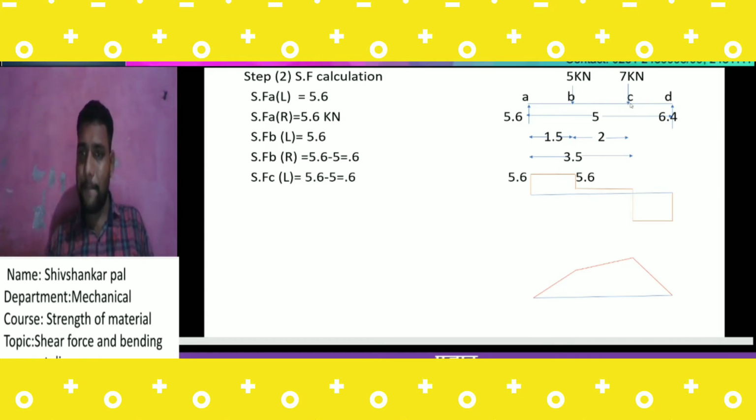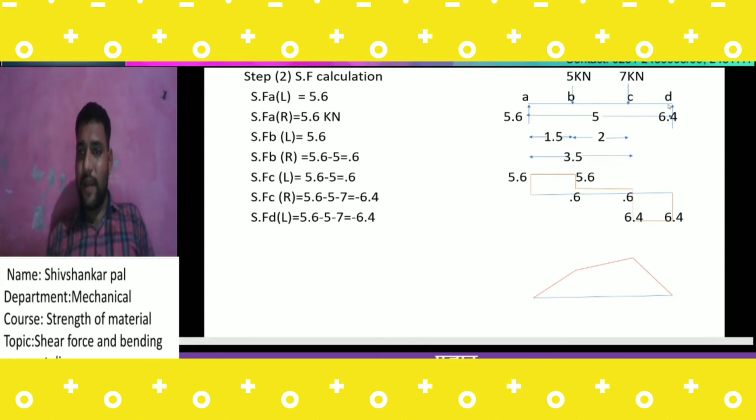But when I am situated just right of point C, I see three forces: 5.6, then the 5 kN and 7 kN. So the shear force at point C equals 5.6 upward, minus 5 downward, minus 7 downward. So take a negative. The result is minus 6.4. That is the shear force at point C.